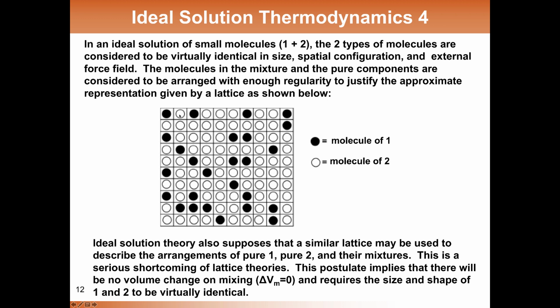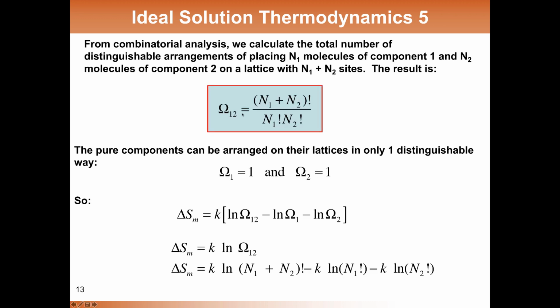And there's N1 molecules of 1 and N2 molecules of 2. And so this is the number of distinguishable ways of placing N1 identical molecules of type 1 and N2 identical molecules of type 2 on a lattice. This is again combinatorial analysis that I think you've probably seen quite a ways back in your education.